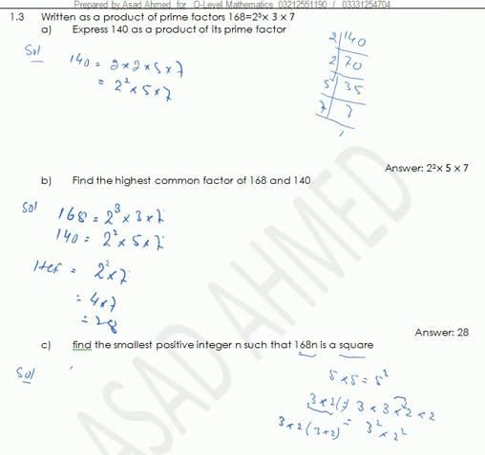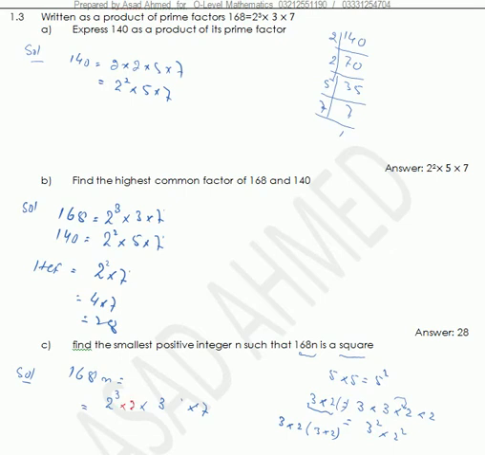In this question, 168n can be converted into square form by making all the numbers squares. 168 is given as 2 to the power 3 multiplied by 3 and multiplied by 7. Now what number do we add from our side to make it square?